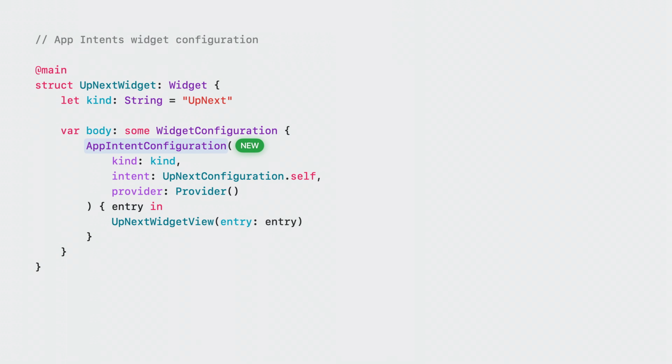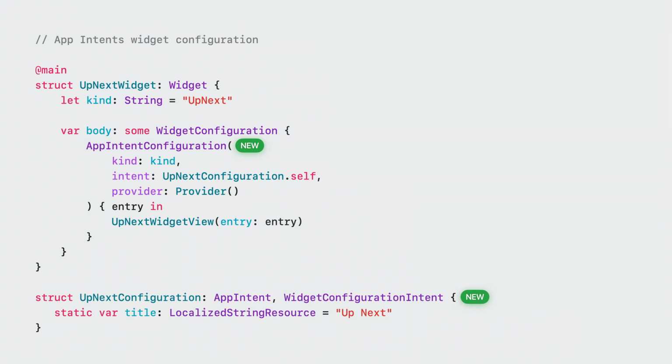To do that, first, you'll need to start using the App Intent configuration widget configuration type, instead of the intent configuration that you may have used previously to configure your widget. Next, define a new type that conforms to the widget configuration intent protocol. Widget configuration intent is a subprotocol of App Intent, and you can conform to it directly in your widget extension code.